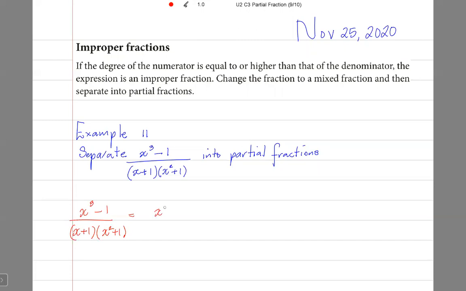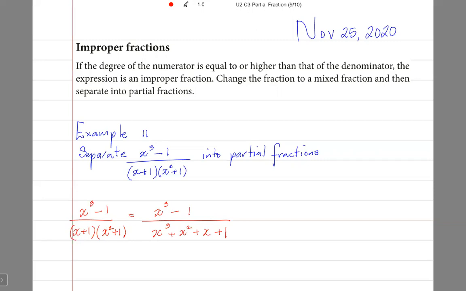So we're going to get x cubed minus 1 in the numerator. At the bottom, we have x cubed, then x squared plus x, so this is x cubed plus x squared plus x plus 1. Any problems with that? I don't think you should have any. Even if you don't do it exactly the way I do it, you should be able to expand that.